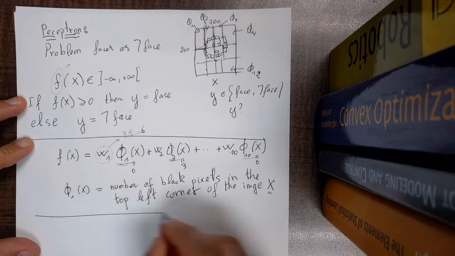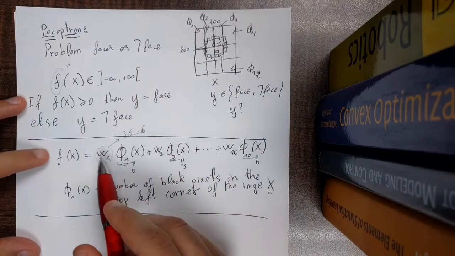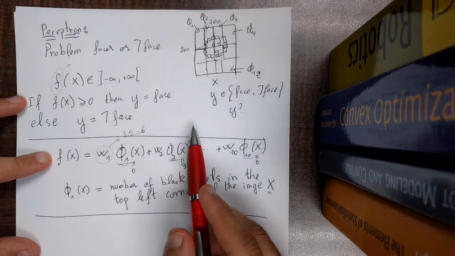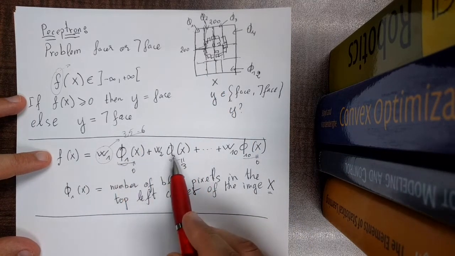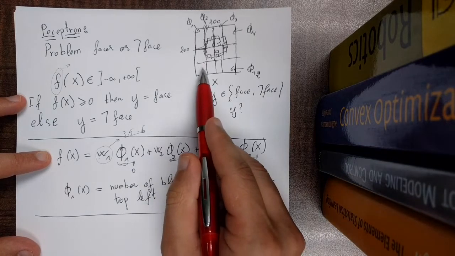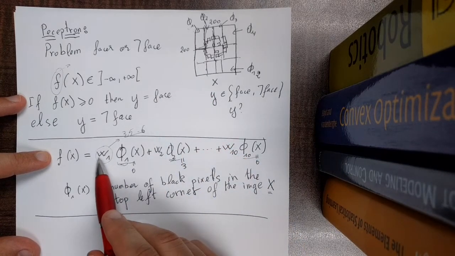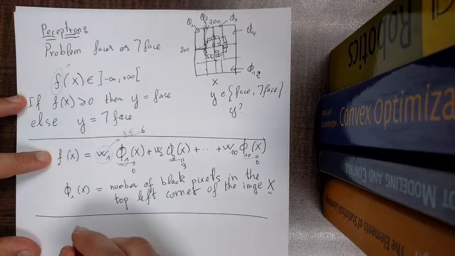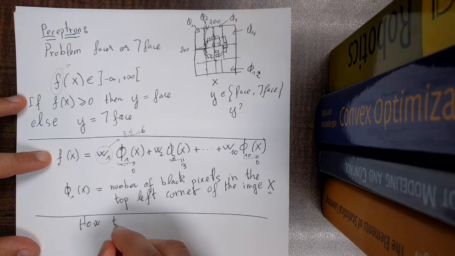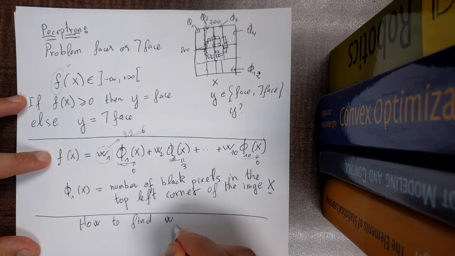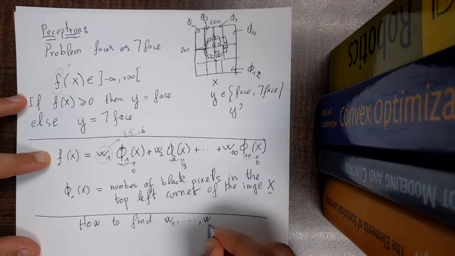So we all know that now if I give you some image x, you know how to compute phi1, phi2, phi t, you just count the number of pixels. The problem now is how to come up with these weights w. So the problem with Perceptron is how to find w1 until w10 if you have 10 features.